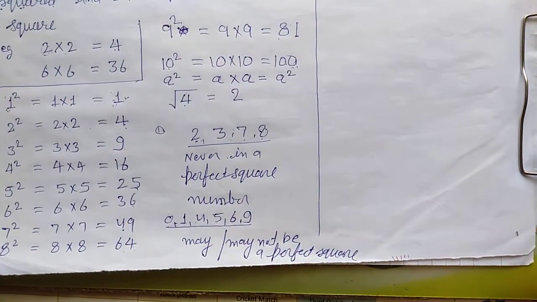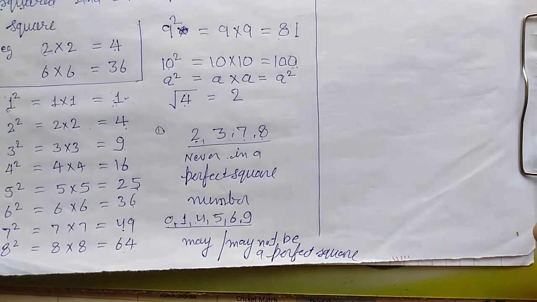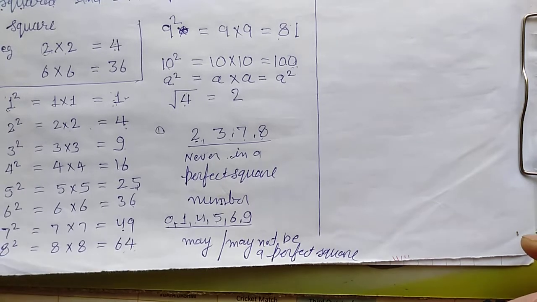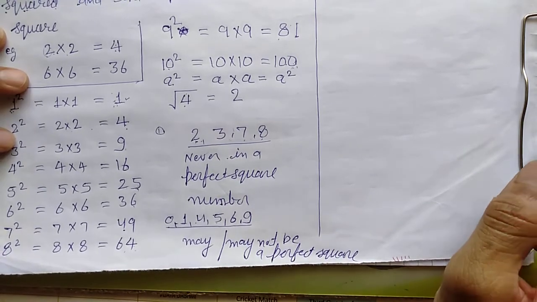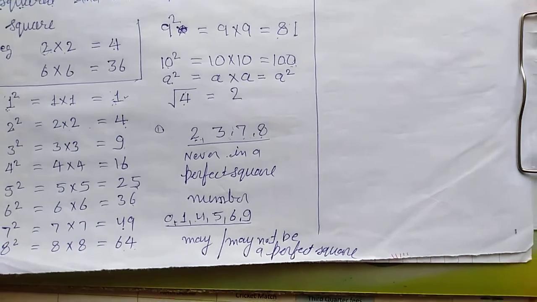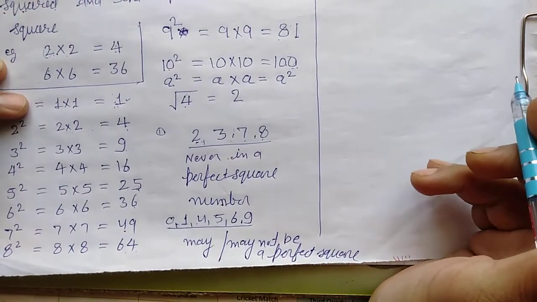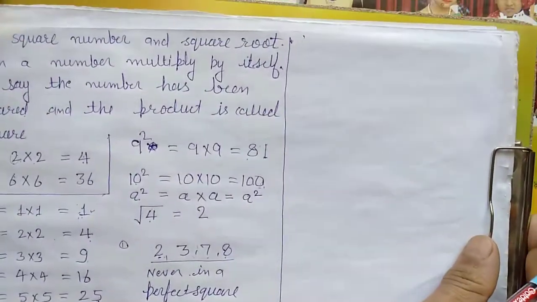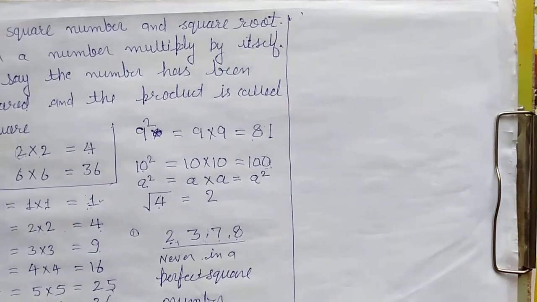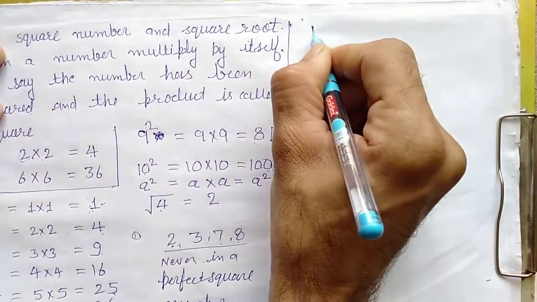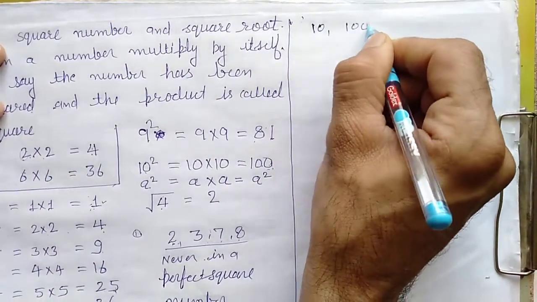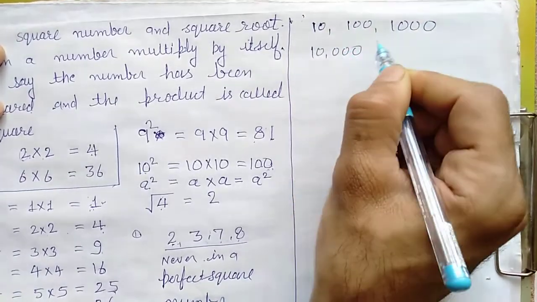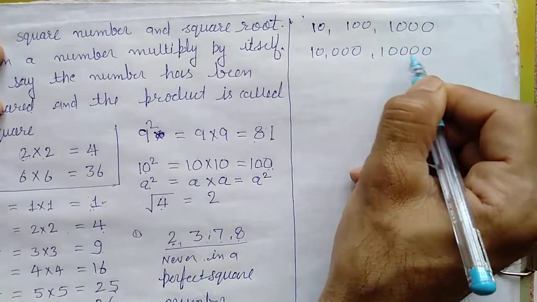Now the next property: a number ending with an odd number of 0s is never a perfect square. How? I'm just writing here. See the numbers carefully. First number is 10, then 100, then 1000, then 10,000, then 1 lakh.